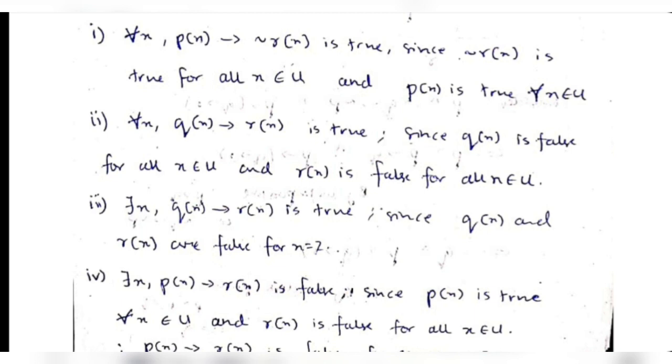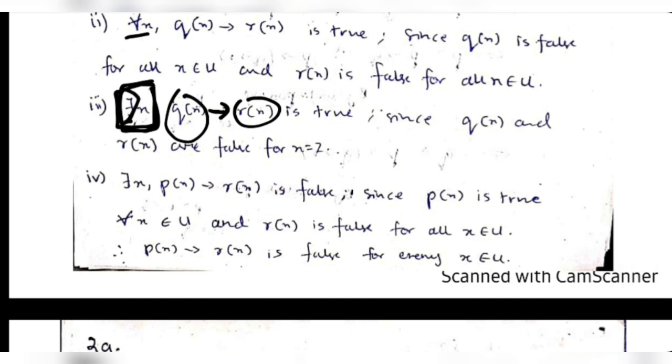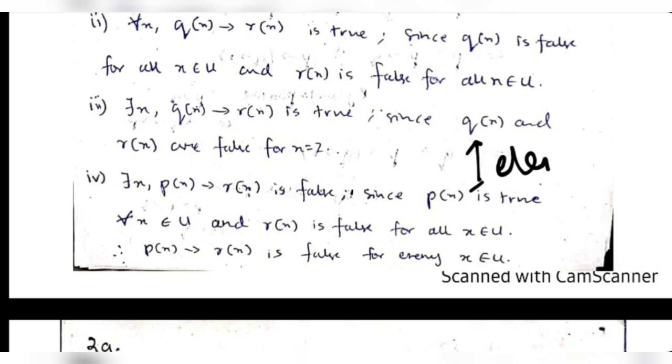Okay, then we have this one. This is known as some. Okay, this is for all x, this is some x. For some x, Q of x conditional R of x. So see, in this case if this sign comes, this is known as at least one or for some. In this what we have to do, we have to find at least one element which is true.